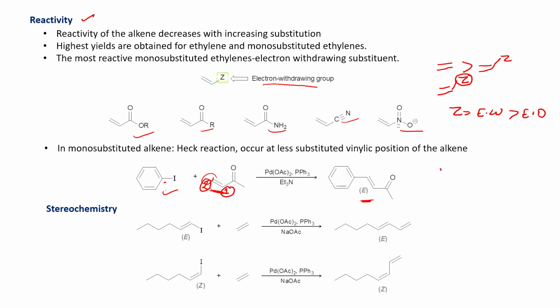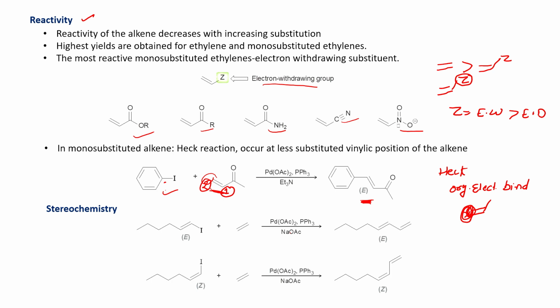So in Heck reaction, your organoelectrophile will bind at the ethylene carbon having less substitution. Another thing to be noticed here, the new product which will be formed will have E configuration.